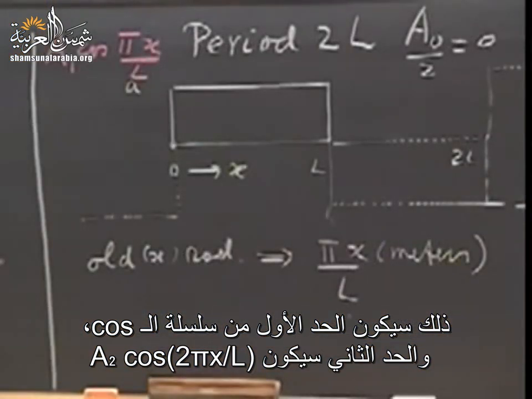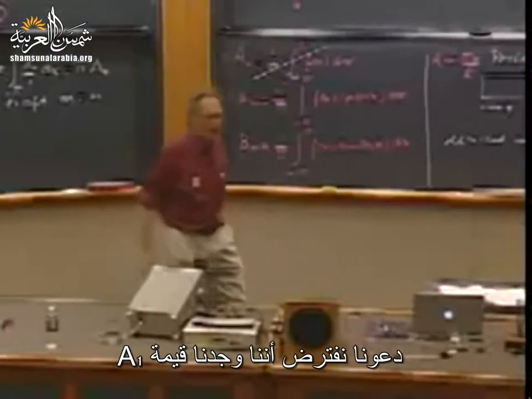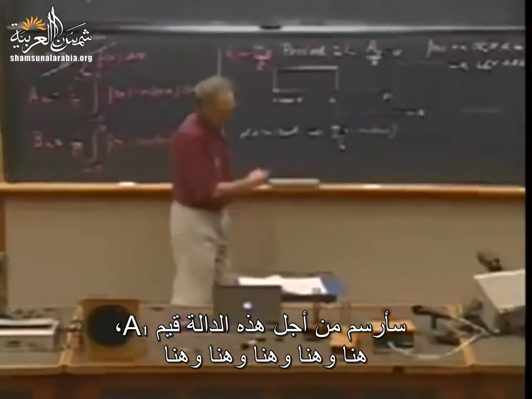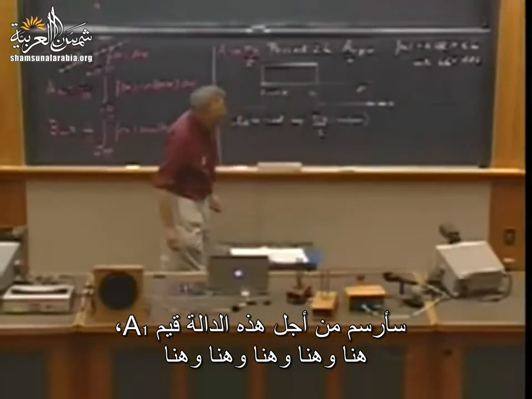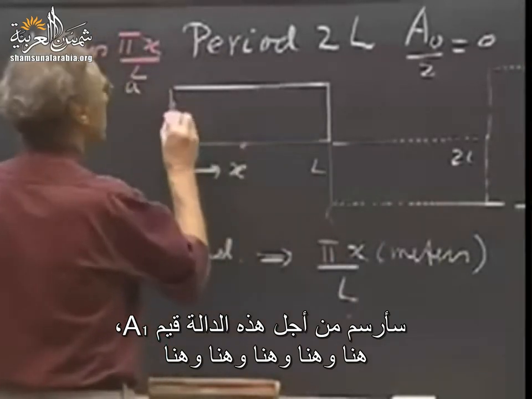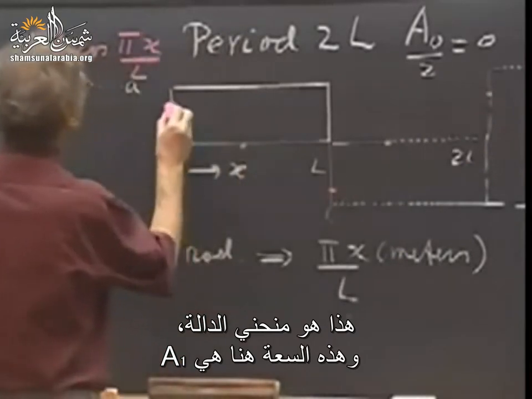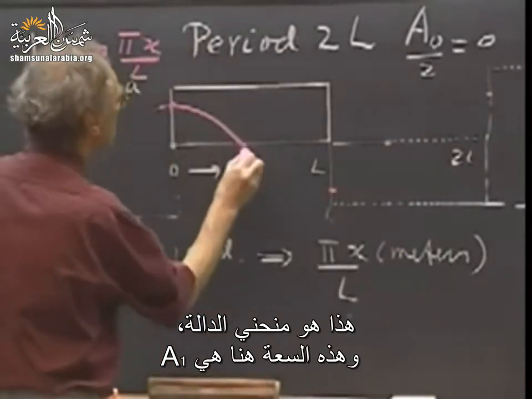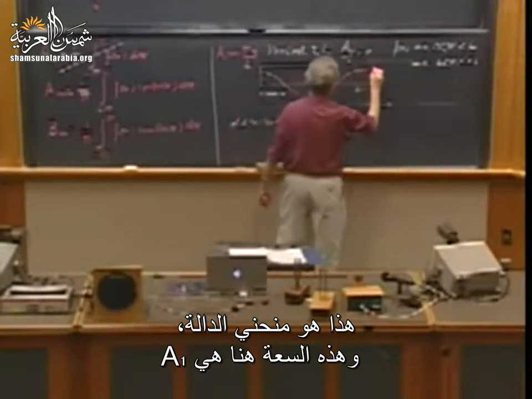And the second term would be a2 times the cosine of 2 pi x over L. Well, let us assume that we found the value for a1. So I'm going to plot now into this function of ours the a1 value. So it's here, here, here, here, and here. And so here is that function. And this amplitude then is a1.